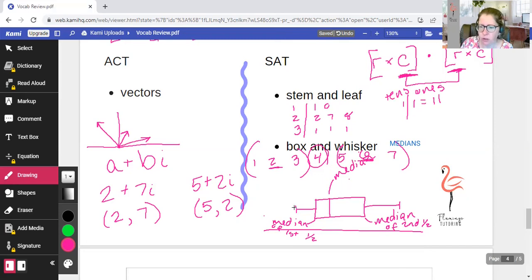And then the whiskers, the farthest lines are going to be the first and last number. So smallest number and largest. All right, and those are going to be the actual values of the graph, or the list, so 1 and 7.